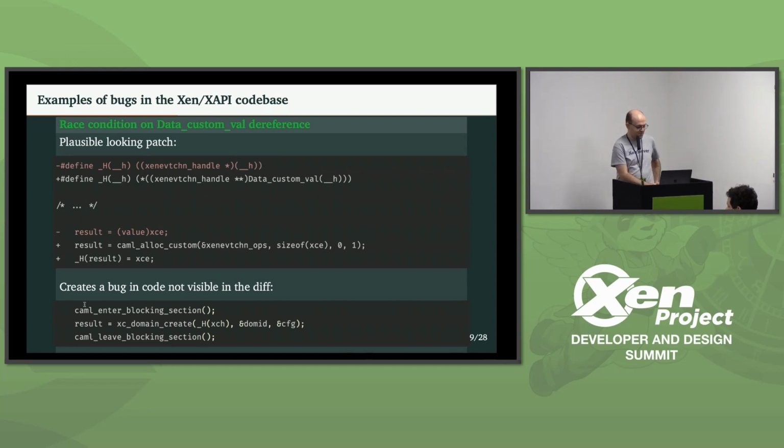So this is the buggy code, actually. Enter blocking section releases the runtime lock, and leave blocking section acquires the runtime lock. It's a bit awkward to read because it's the wrong way around: you'd expect this one to release the lock, which is what it does, but it's called from the other perspective, that you enter a section that you'd expect to block for a long time, and that's why you release the runtime lock, so you allow other threads to run.